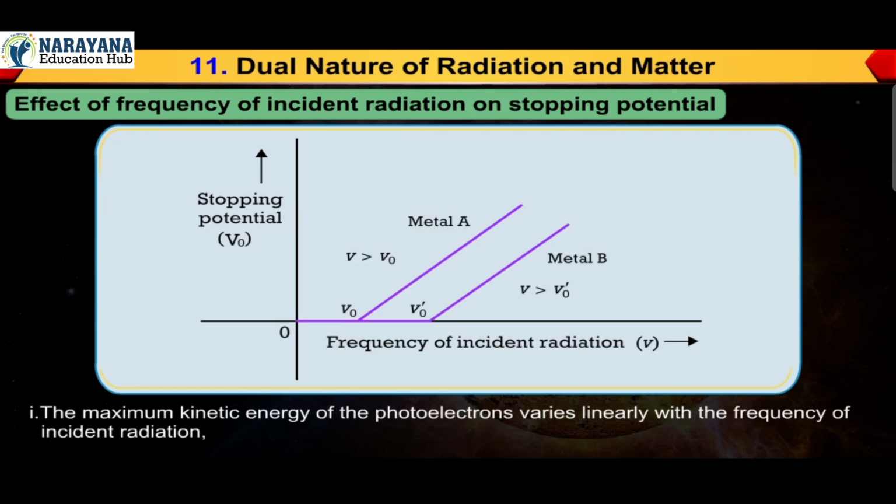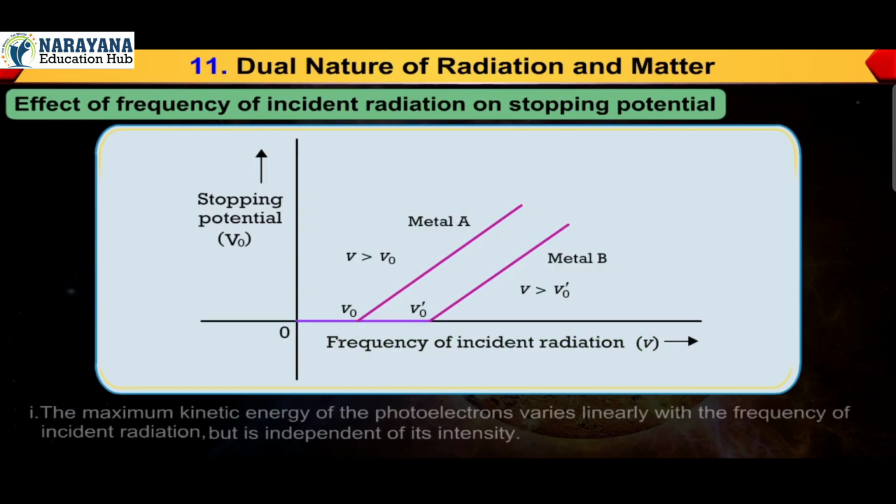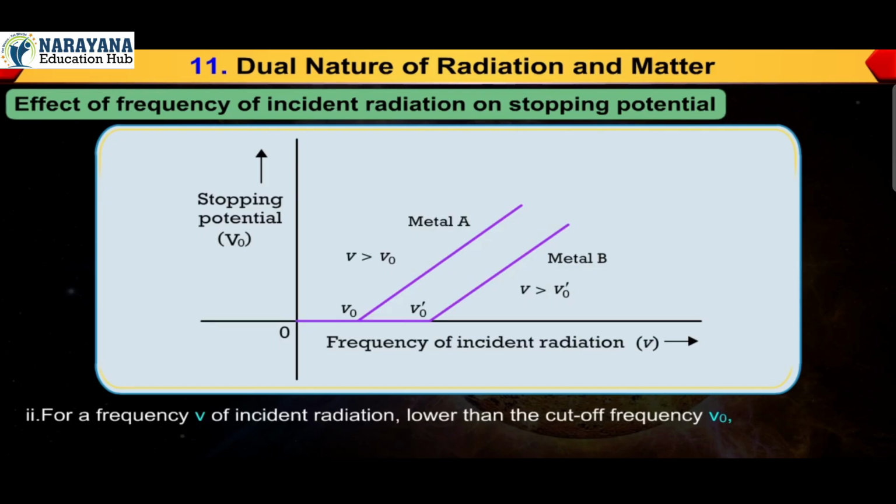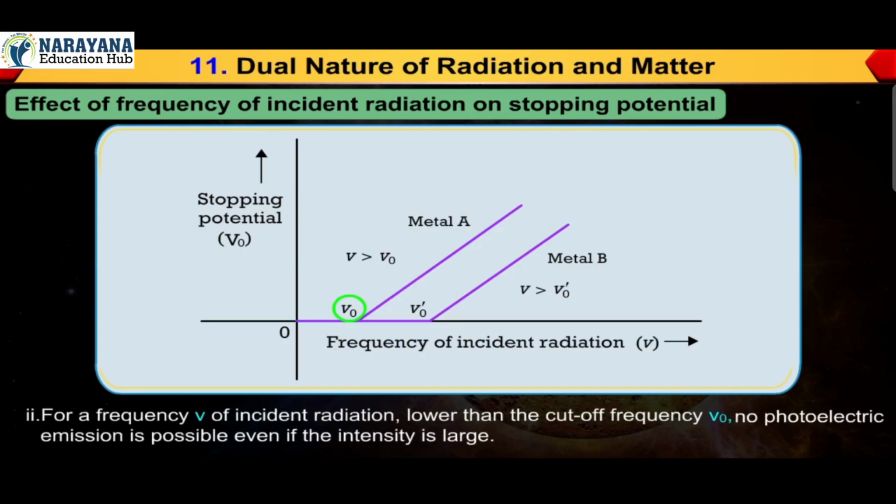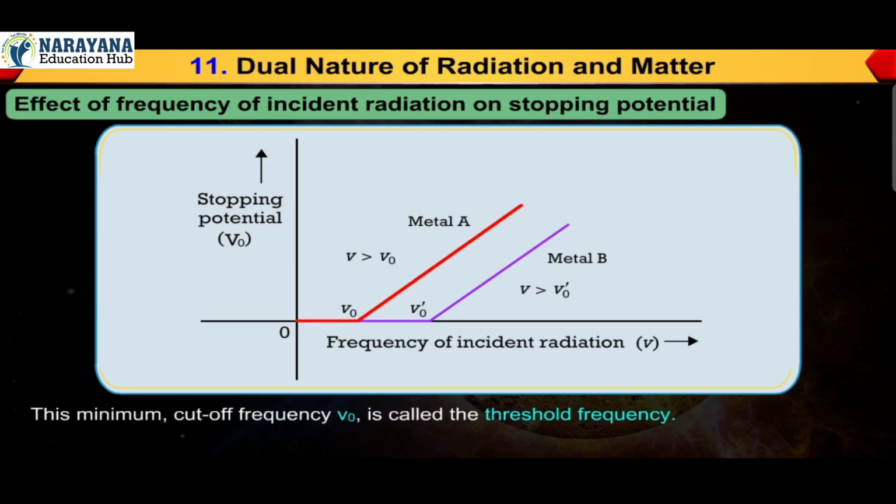Number 1, the maximum kinetic energy of the photoelectrons varies linearly with the frequency of incident radiation but is independent of its intensity. Number 2, for a frequency nu of incident radiation lower than the cut-off frequency nu0, no photoelectric emission is possible even if the intensity is large. The minimum cut-off frequency nu0 is called the threshold frequency.